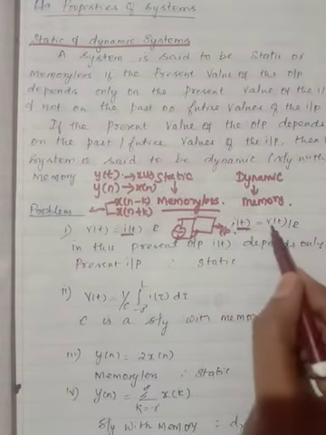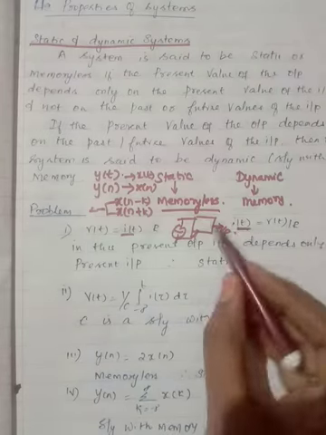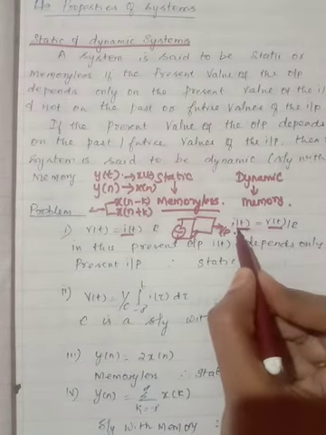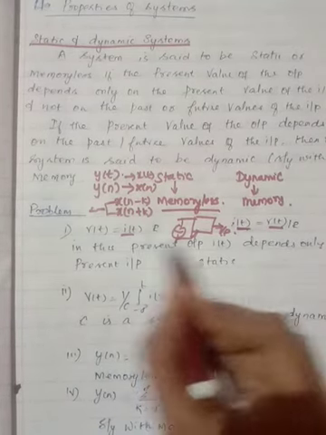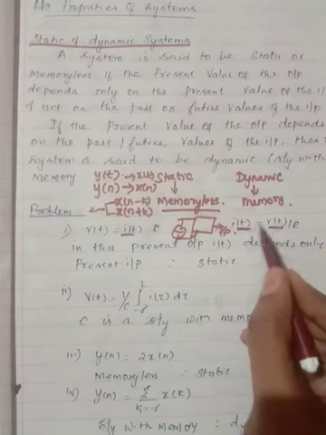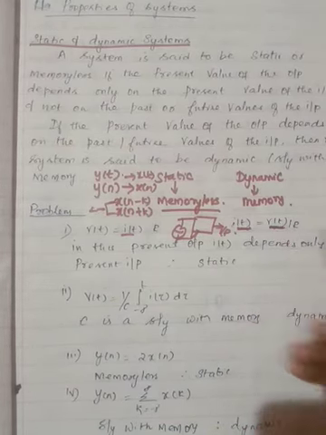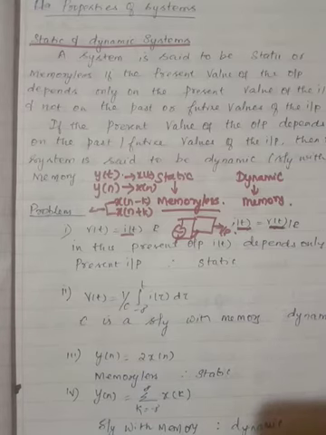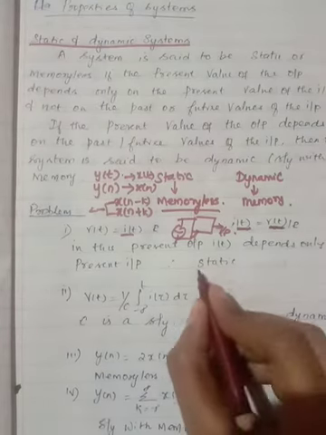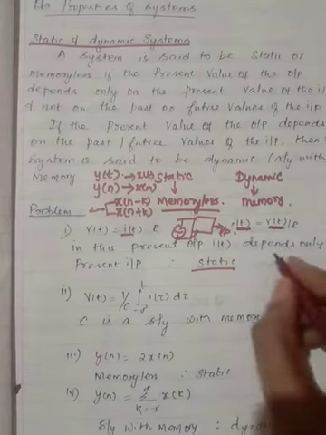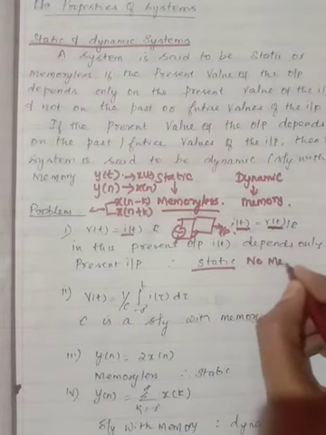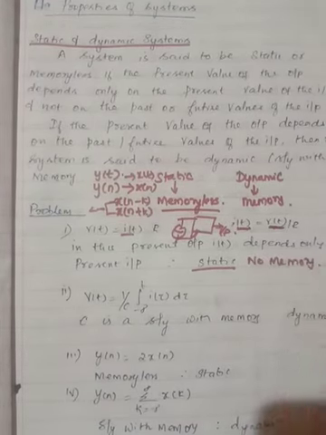So I of t is equal to V of t by R. In this, the input is V of t and the output is I of t. The present output I of t depends only on the present input V of t. It does not depend upon past or future values. There is no memory needed, so it is said to be static.